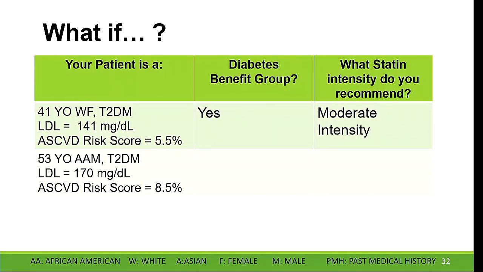All right, so we've got another case, a 53-year-old African-American male, type 2 diabetes, LDL 170, risk score is 8.5%. Do they meet criteria? Yes. Why do you say no?